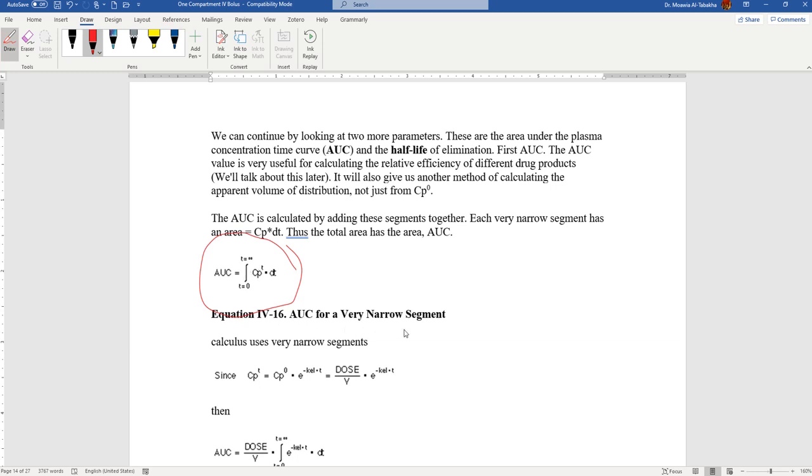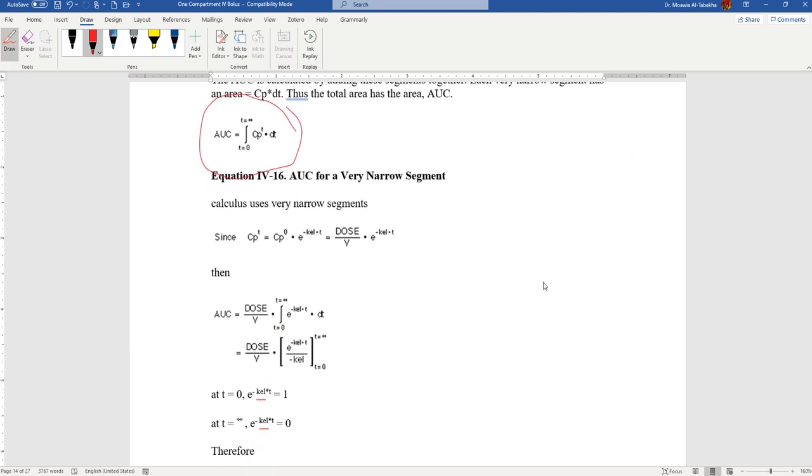See, this is AUC for a very narrow segment, so you have to add them all together. I can do that by integration, and integration will give us the following equation.